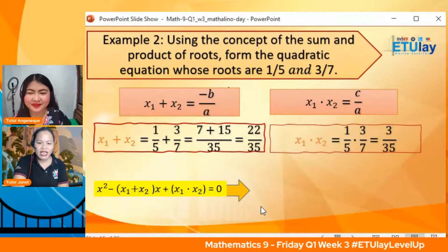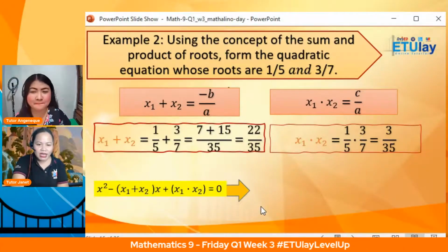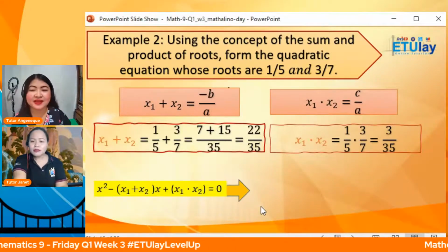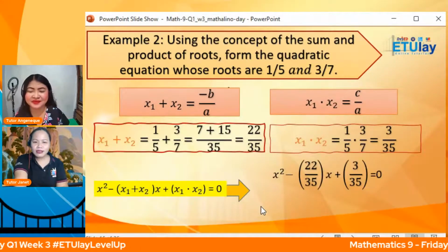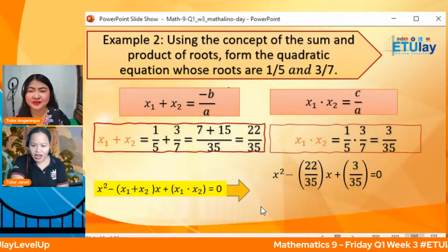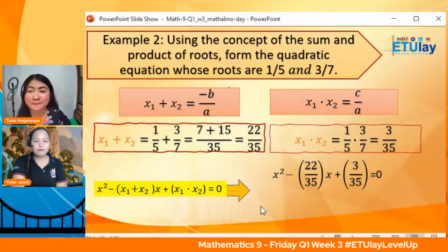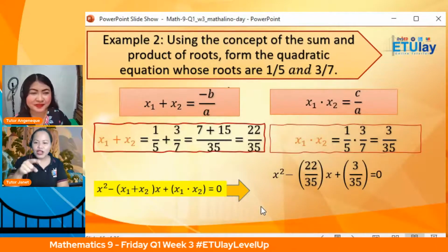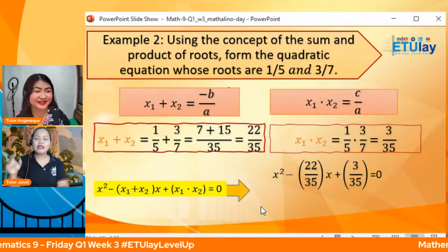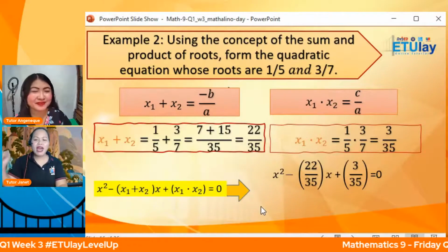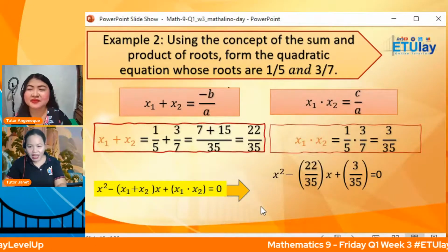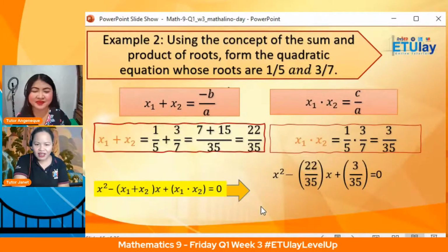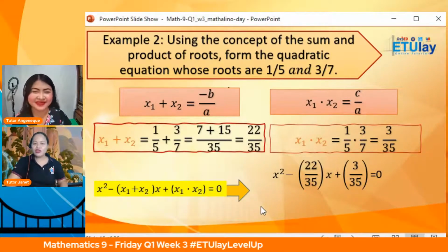And then plugging in doon sa equation na nakikita ninyo sa lower left, x squared minus the sum which is 22 over 35. Then don't forget, middle term natin dapat may variable pa rin siya. X squared minus the sum times x plus the product which is 3 over 35 is equal to 0. And then what should be done next?